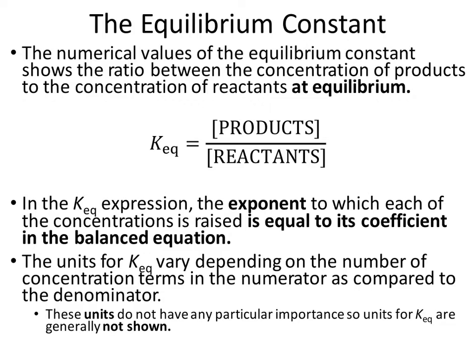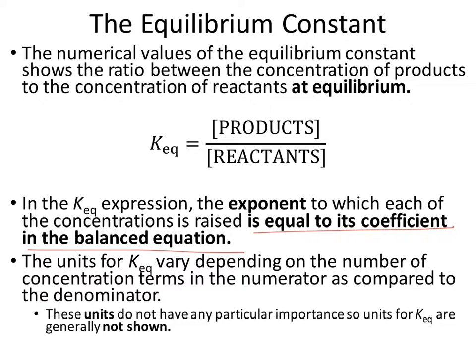Now, one of the main things to remember is that in the equilibrium expression, the concentrations of our products and reactants are raised to exponents equal to their coefficients in a balanced equation. A lot of people get confused by this because they remember the rate expression, where the exponents are found experimentally. In this case, these coefficients are determined by the balanced equation.